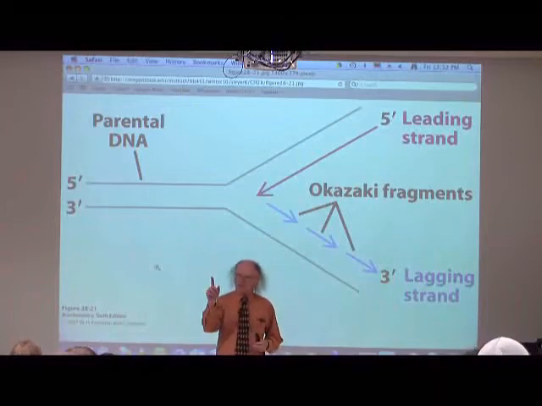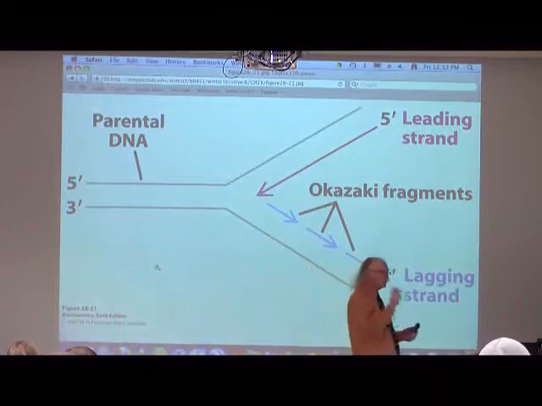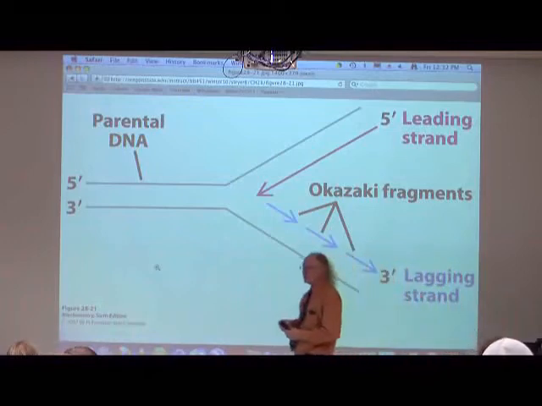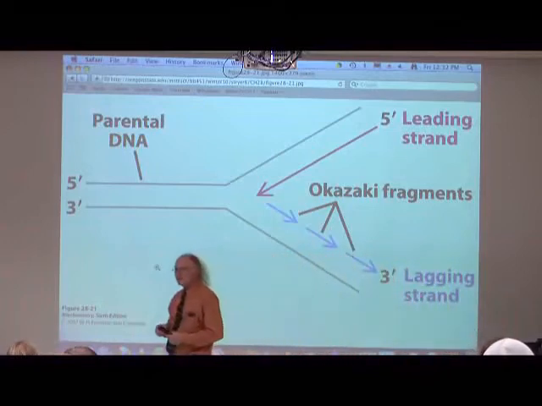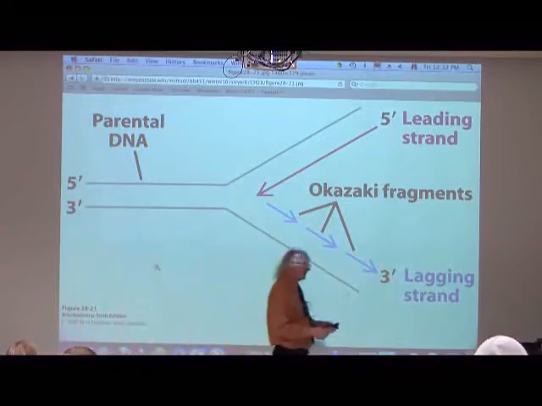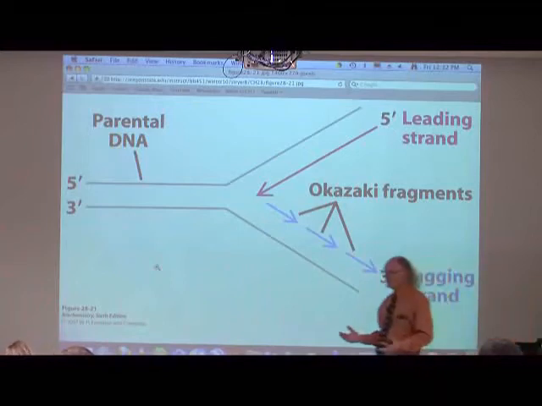If you think about 10.5 base pairs per turn, that means about 100 turns per second. Well, if your car engine is turning at 100 times a second, you're doing 6,000 RPM. DNA helicase is operating, I'm not exaggerating, at 6,000 RPM. That's pretty mind-boggling. No wonder it needs ATP.